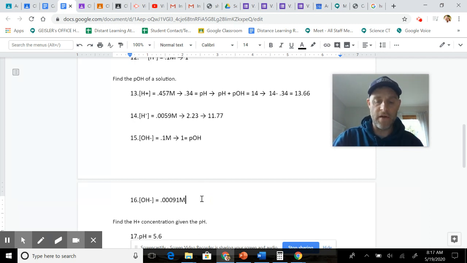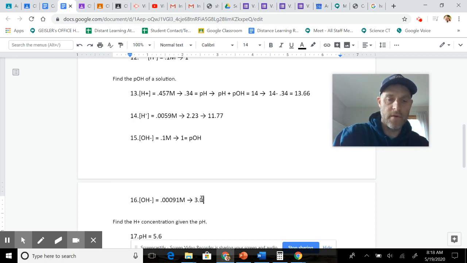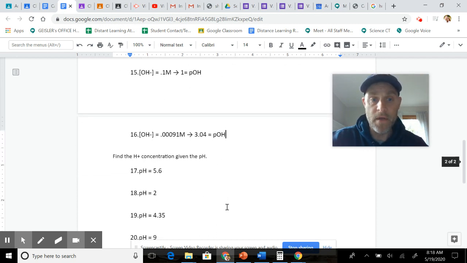It's all queued up for me. I can just go 0.00091 negative log. What do I get? I get 3.04, and that is the pOH.